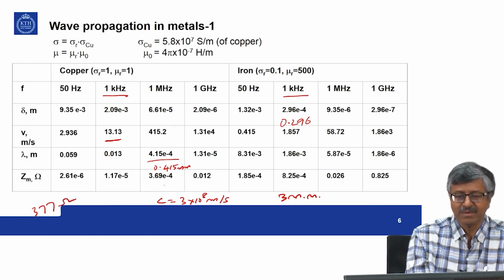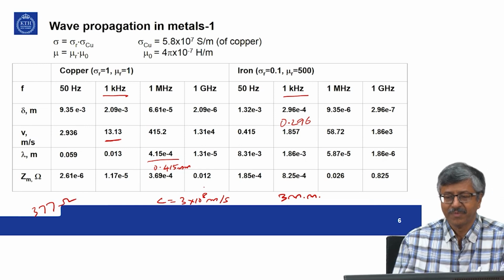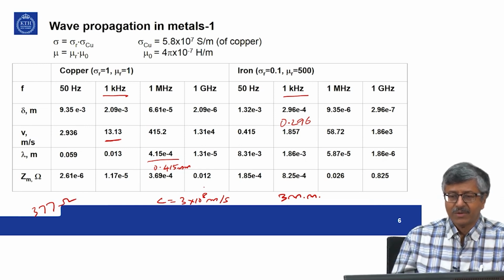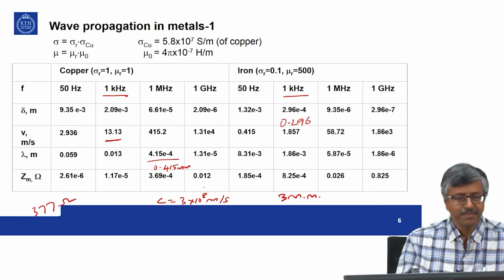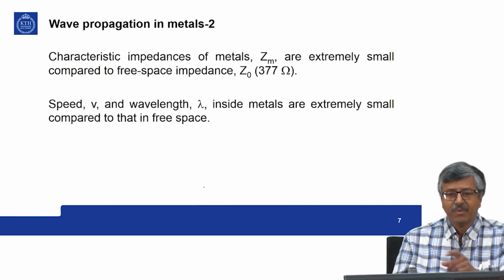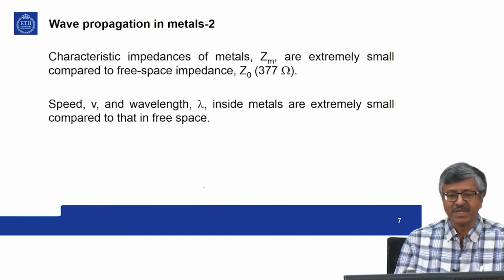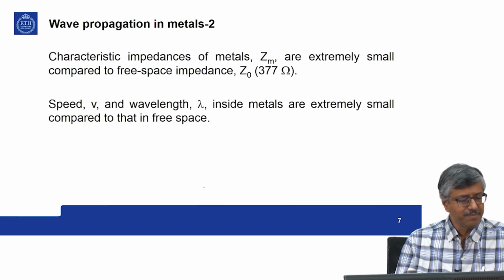Compared to that, it is fraction of ohms. So, some of these properties you can notice. One, characteristic impedance of metals are extremely small compared to free space impedance. Speed v and wavelength lambda inside metals are extremely small compared to that in free space.